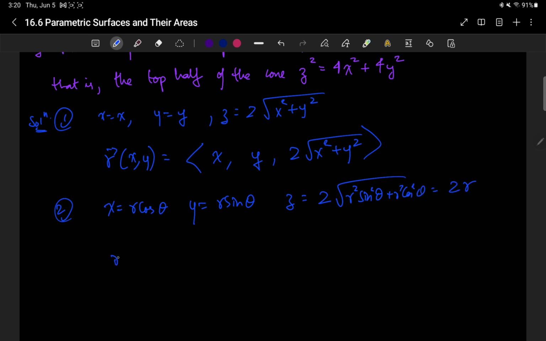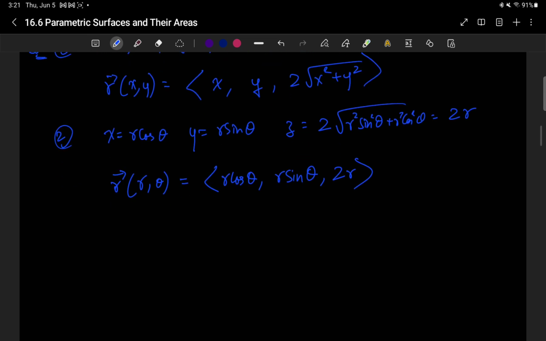So in this case our parameters are r and theta, and the position vector is given by r cosine theta i cap, r sine theta j cap, and 2r k cap. Solution 1 is not really very helpful in problems because we're not changing anything, whereas the second way of doing the parameterization can be helpful.